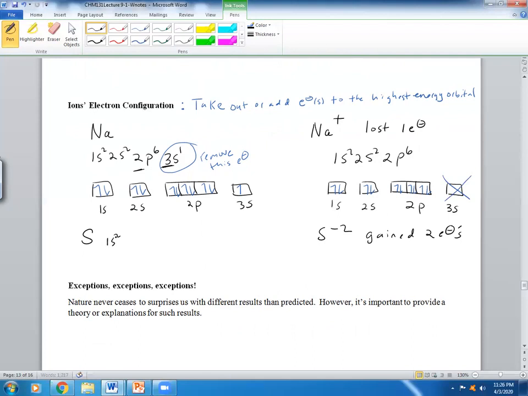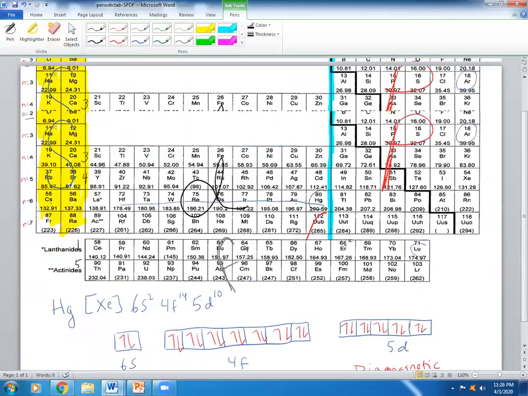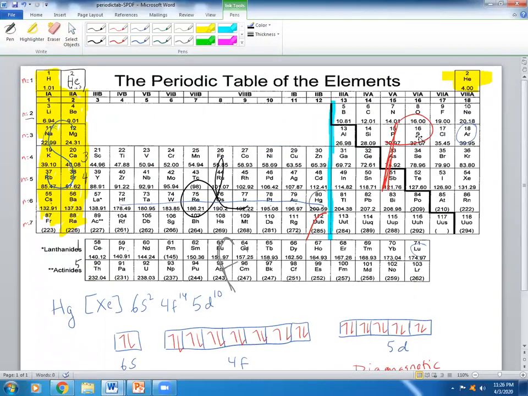Let's just use the abbreviated method for this. So the abbreviated method is, let's look at our periodic table. Here's S. Last noble gas is Ne. And then it's going to be 3s2, 3p4.